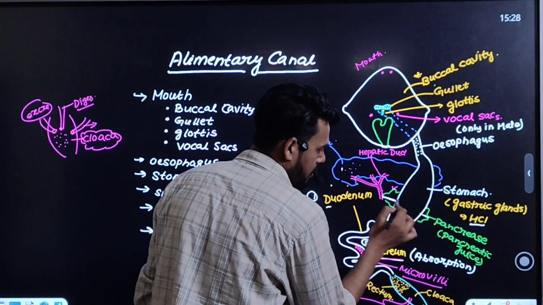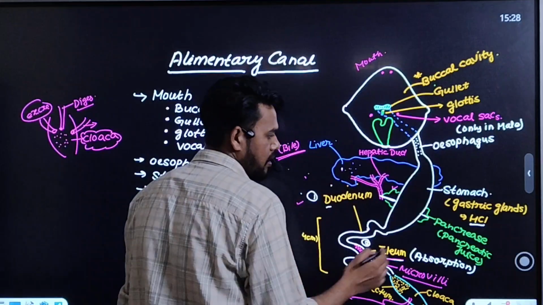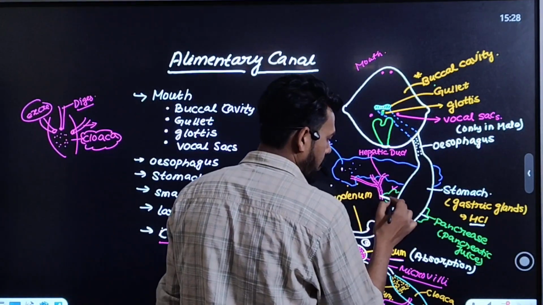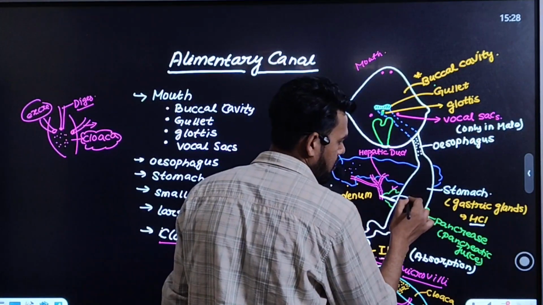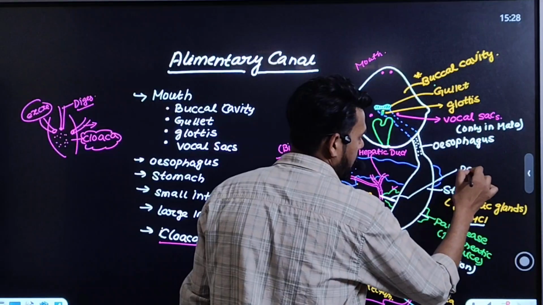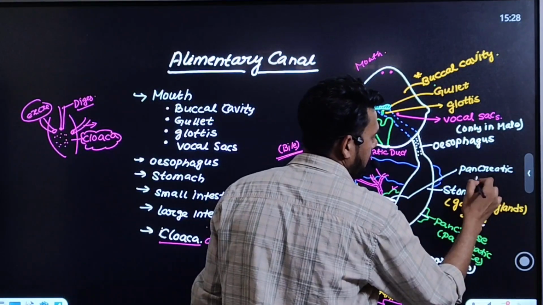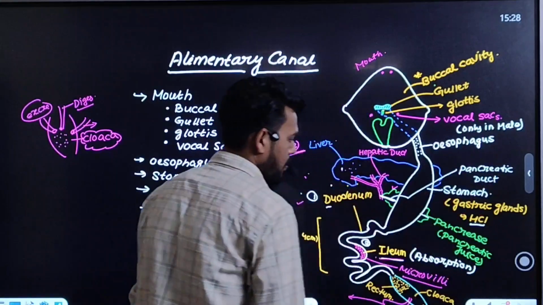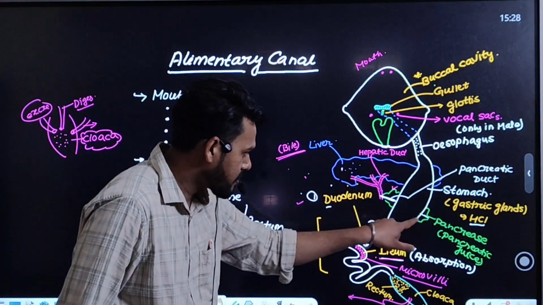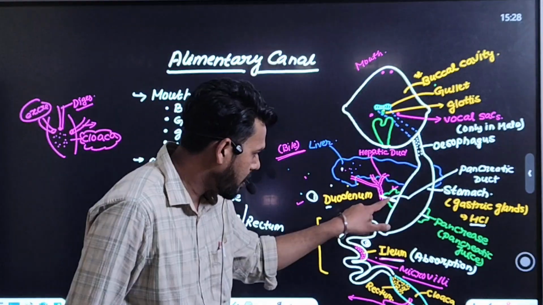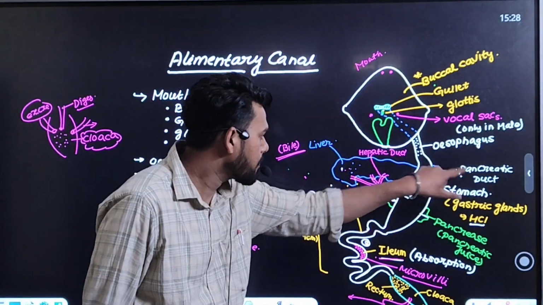This is the duct of the pancreas, and it is called the pancreatic duct. So the pancreas releases its pancreatic juice through the pancreatic duct.